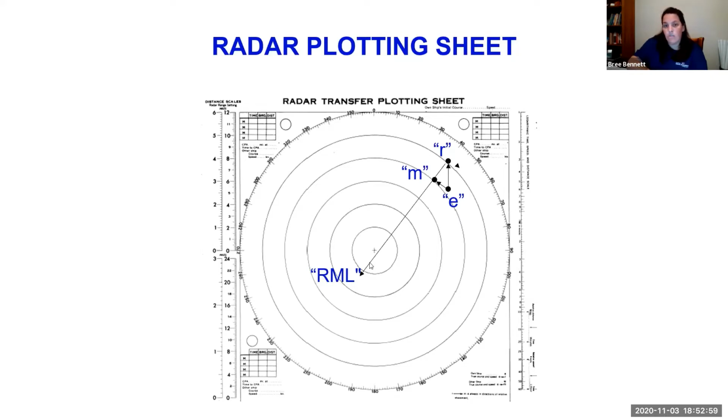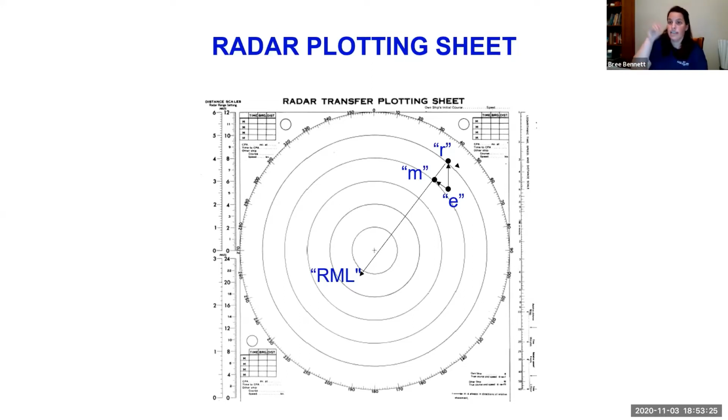So that's if no one changes course and speed, that target or that little blip is going to follow along that relative motion line. So it's going to get very close to us. Now, the next point of the triangle that we're going to add is going to be our own information. So we don't know what that vessel is doing.